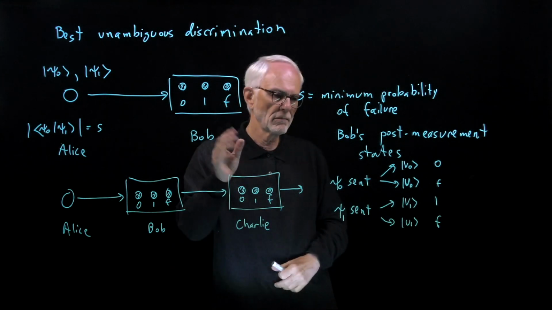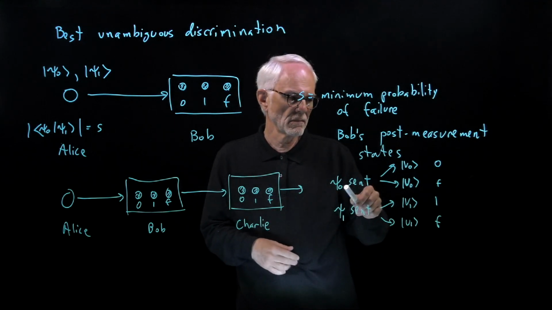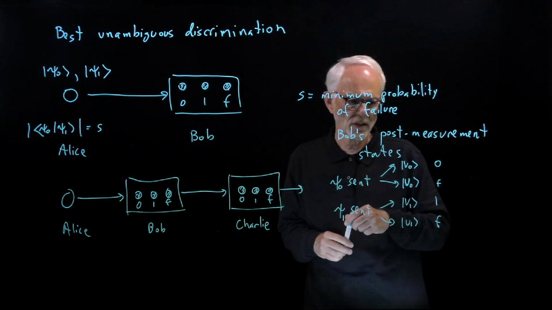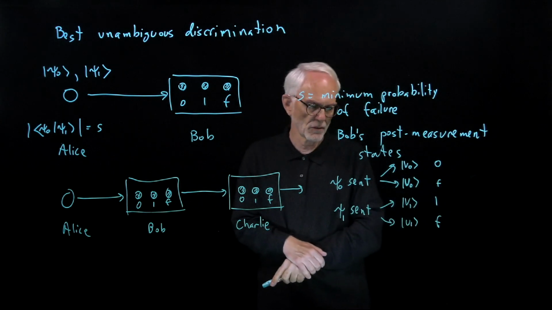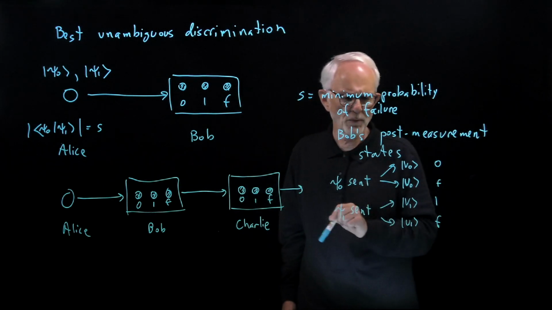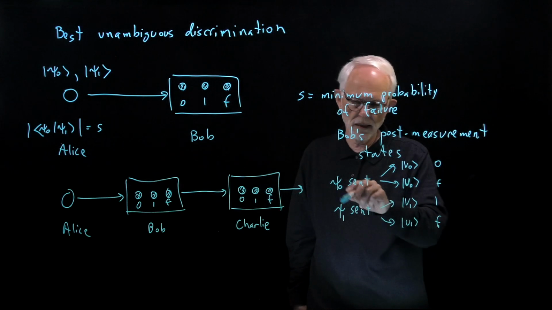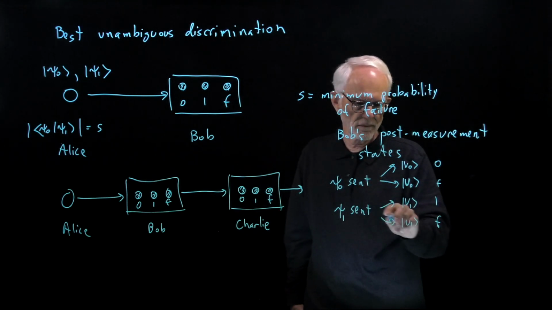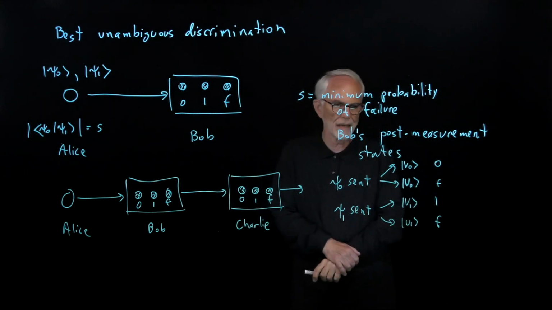If psi0 was sent and Bob got a 0, V0 would get sent on to Charlie. If he got a fail, U0 would be sent on to Charlie. If psi1 were sent, then V1 would get sent on to Charlie if Bob got 1, and U1 would get sent on to Charlie if Bob got fail.